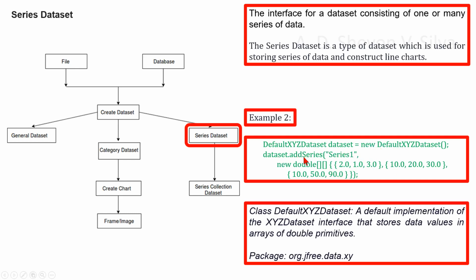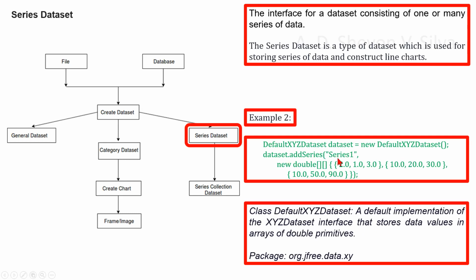Here the addSeries method adds a series, or if a series with the same key already exists, replaces the data for that series, then sends a dataset change event to all registered listeners.